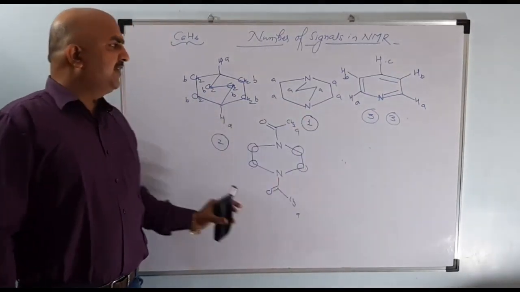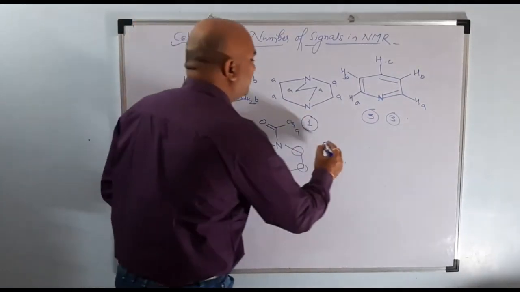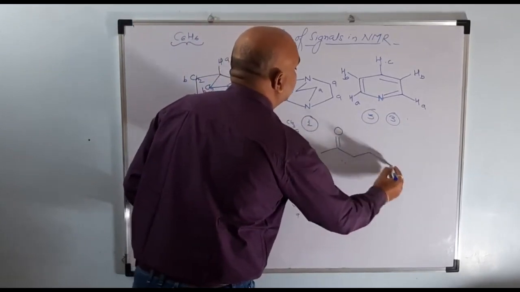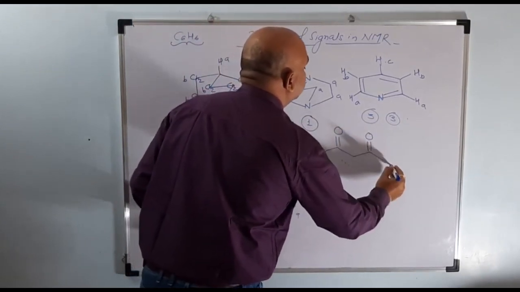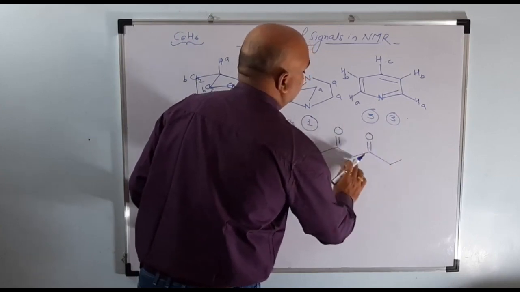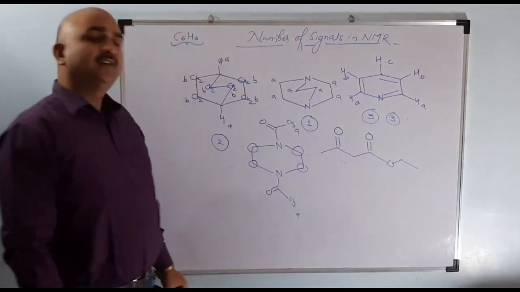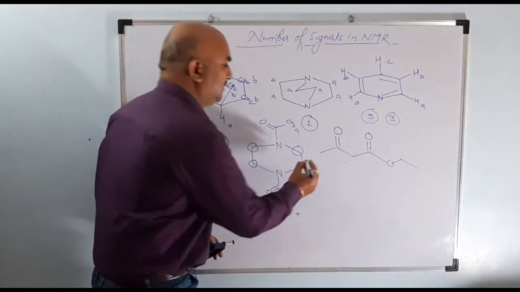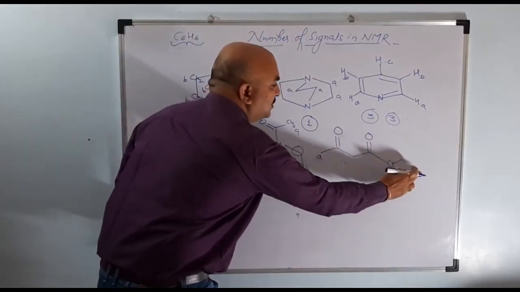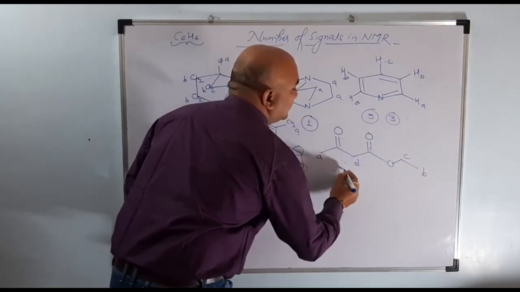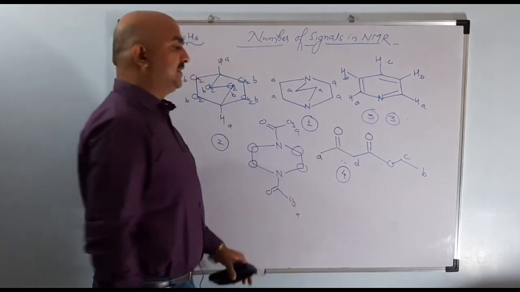Another most important thing, consider the example of ethyl acetoacetate, that is acetoacetic ester. It is very important that this is CH3, but this CH3 is not similar to this CH3. It is B, it is C and it is D. So it will give 4 different signals.